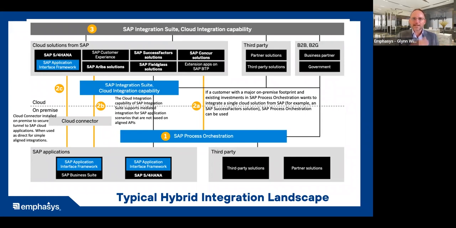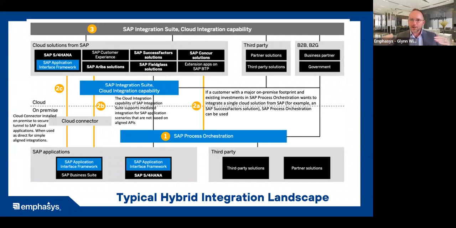And you can see if you've got a simple integration flow between something which is on-prem and something that is in the cloud, that yes, a simple Cloud Connector would be able to have a pass-through. But maybe you need to leverage the integration suite and the list of open connectors, which Prasanna spoke about earlier on, or the list of APIs that are available. And so you can leverage that capability. So you might wish to go from your on-prem application through Cloud Connector, through your integration suite to your target.